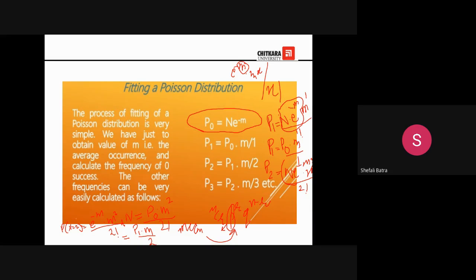So if you want to write this in terms of P naught, you'll be writing P naught m square by 2 factorial. If you want to write in terms of P1, e raised to power minus m into m, right? So, or you can say P naught into m is equal to P1. So you can write here P1 m upon 2 and so on.